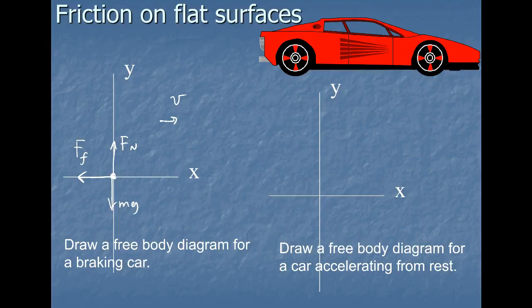And now let's draw a free body diagram for a car accelerating from rest. Again, we'll have mg and we'll have F normal, and these typically cancel out. But now friction will be pushing the car forward. Okay, so it's very important to recognize that friction doesn't always keep things from moving forward. Sometimes they actually push things forwards. Okay, so it can be a little bit complicated.